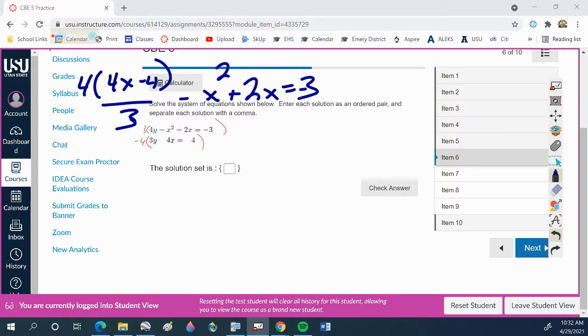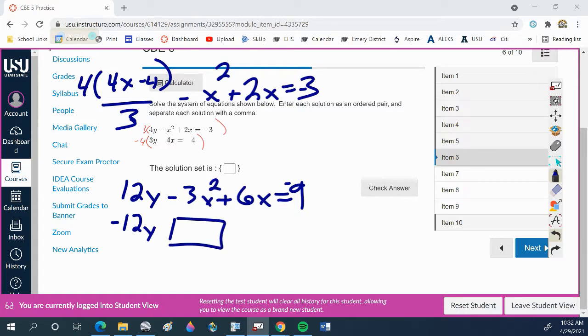So the top, 12y minus 3x squared plus 6x minus 9 equals negative 9. And then the bottom would be negative 12y. And I'm going to skip this gap here and then put 16x equals 16.